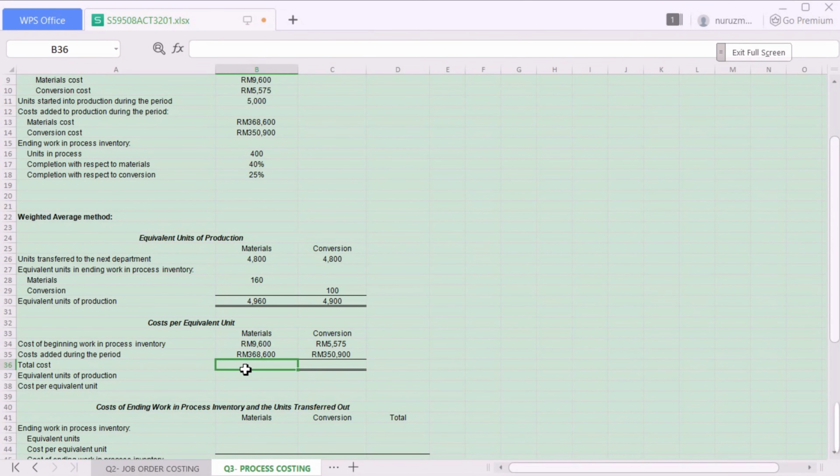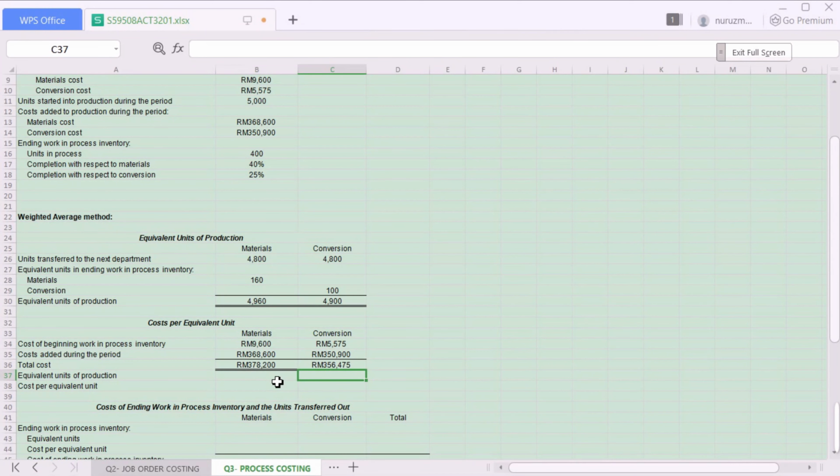And total cost for materials is cost of beginning work in process materials plus cost added during the period equals 378,400, and for the conversion 5,575 plus 350,900 equals 356,475.